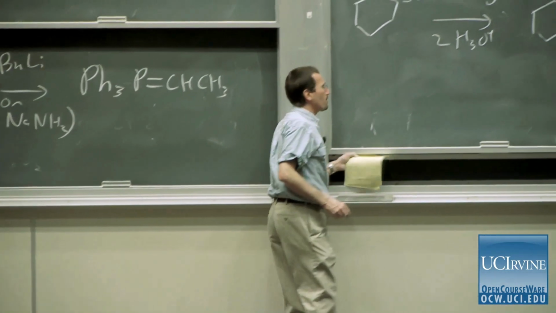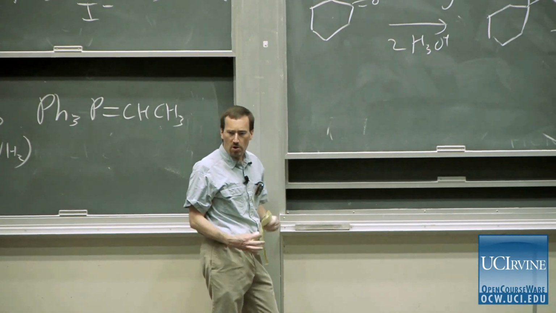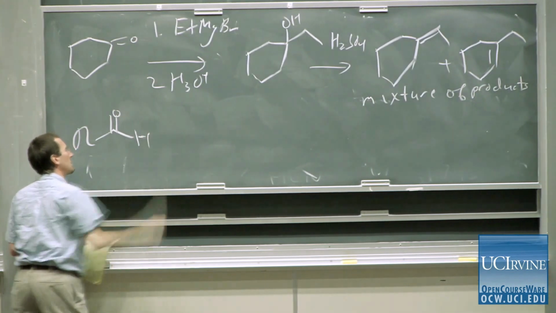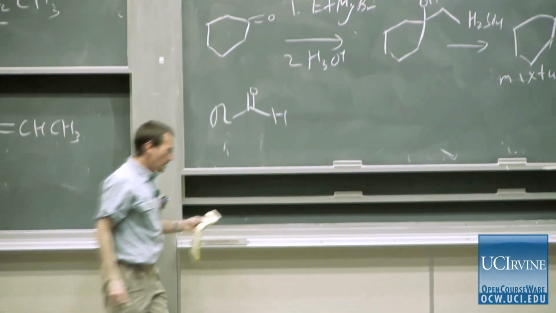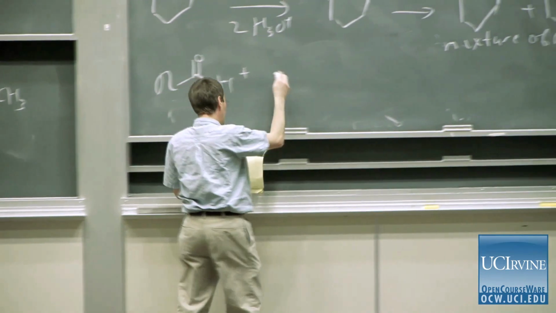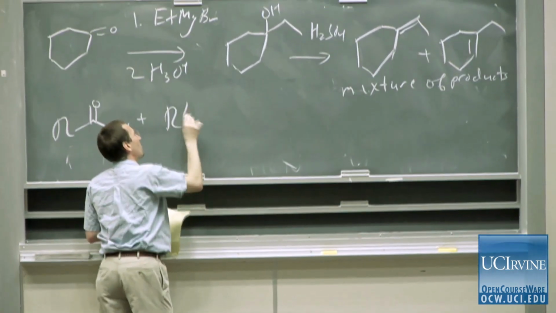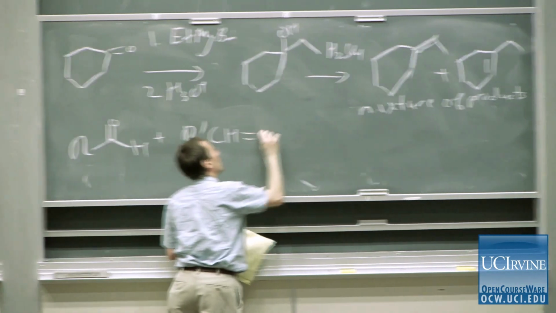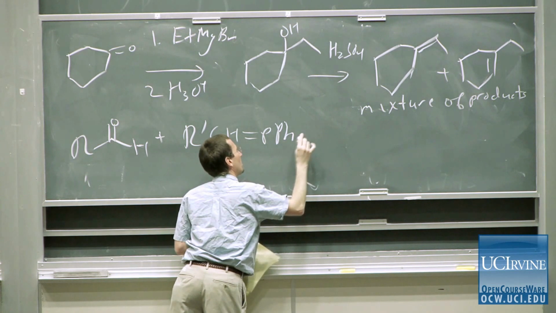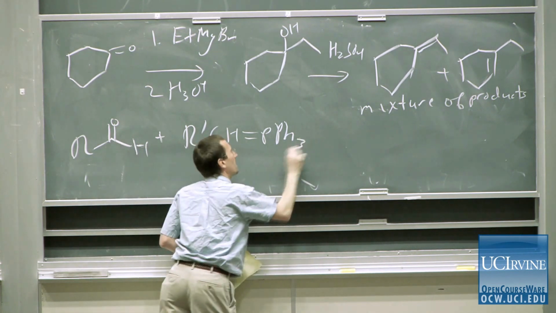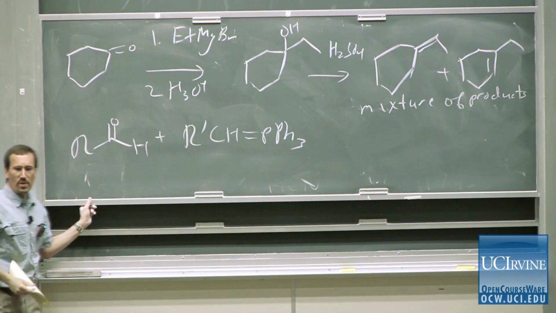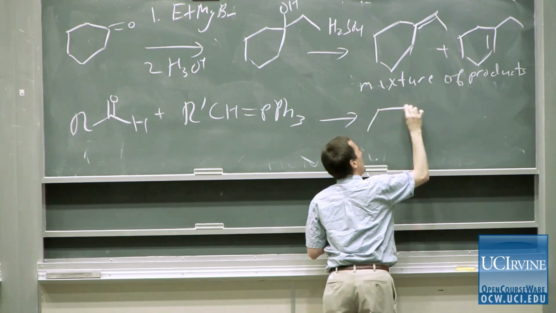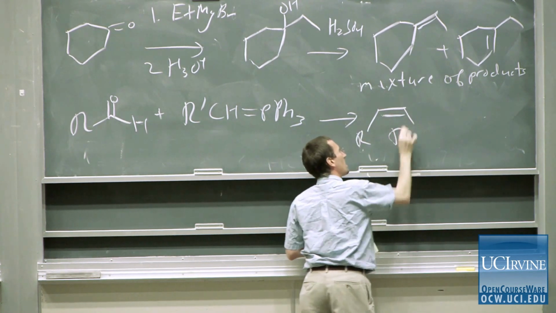Now, as I hinted at before, the other element of control, and it's only partial control, is that under certain conditions and in certain circumstances, you can preferentially get the cis-alkene. So if we have a monosubstituted Wittig reagent, in other words, a Wittig reagent that has just one R group on it, and we have an aldehyde, and we allow them to react, we get a mixture of products, the cis and trans alkene.